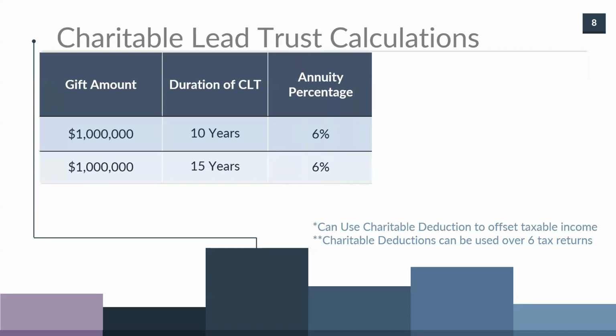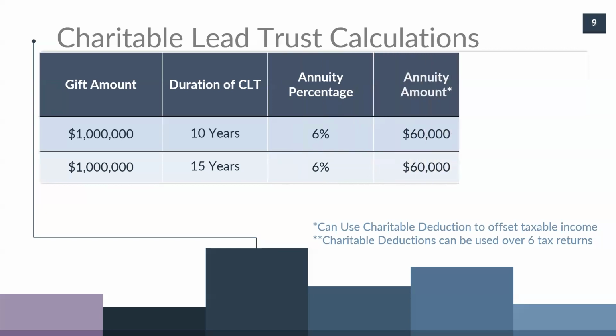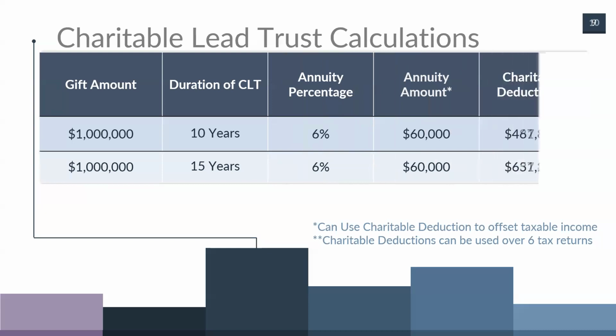Now that percentage amount's not going to change. Once our client makes that decision, that's set in stone. So that could be 5, 6, 8, 10%, whatever the client wants that to be. Once we have that, now we know what our annuity payment is going to be each year as that's paid out to the charity. And you can see now it's going to generate a large charitable deduction.